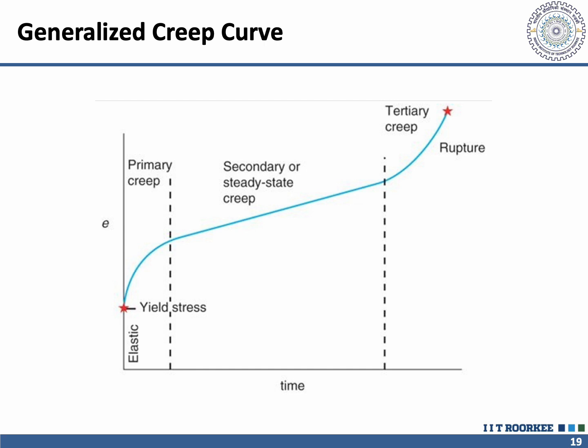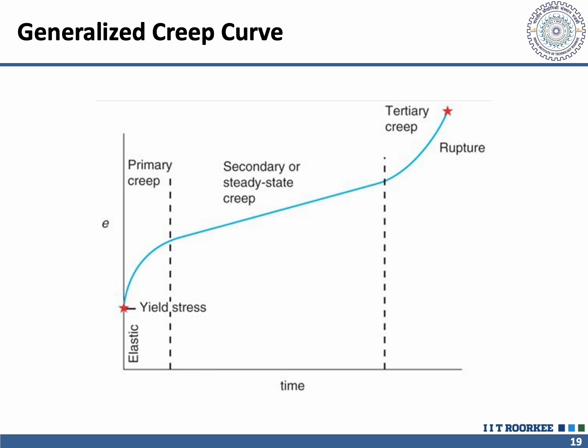The second one is the yield stress. This is the transition point between elastic and permanent deformation. Once it is surpassed, creep begins. The strain continues to increase even if the stress stays constant. The third one is the primary creep, or the decelerating creep.